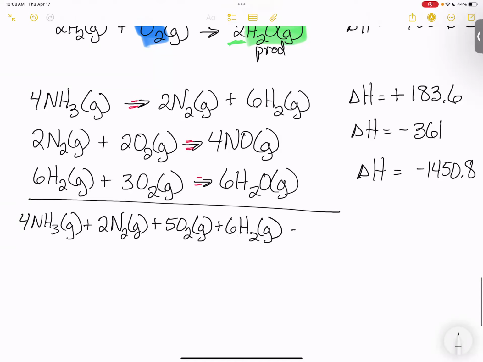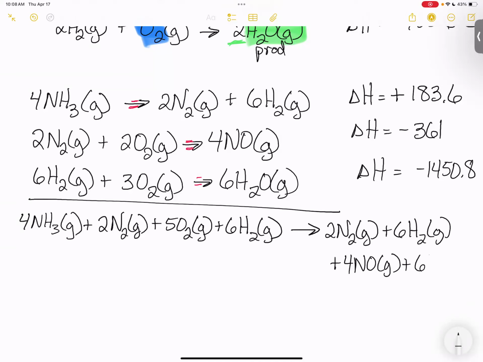That's on the left-hand side of that equals. On the right-hand side, we have 2 N2 gas plus 6 H2 gas plus 4 NO gas plus 6 H2O gas.